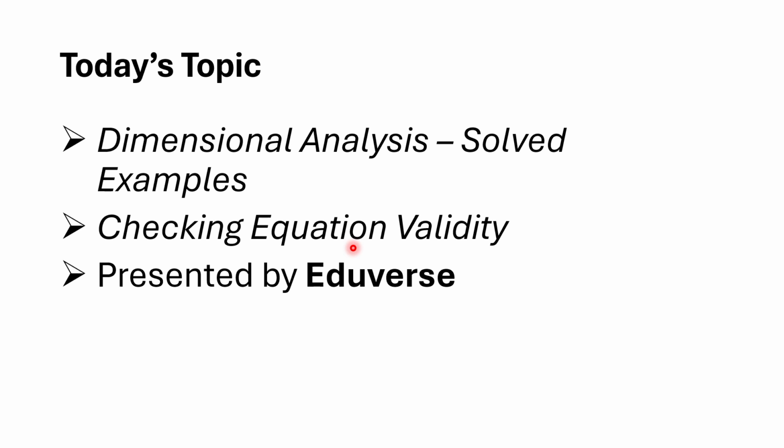Some equations we have are correct, but not dimensionally correct. So we will talk about that validity, solve some examples, and check whether they are dimensionally correct or not. That will give us insights about it. It is presented by Eduverse, Universe of Learning.